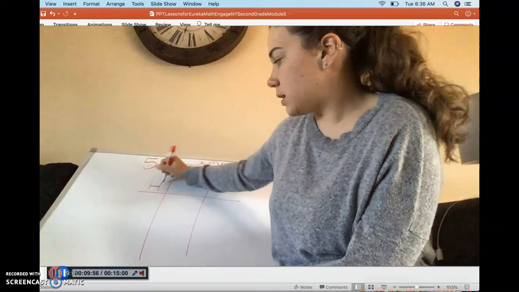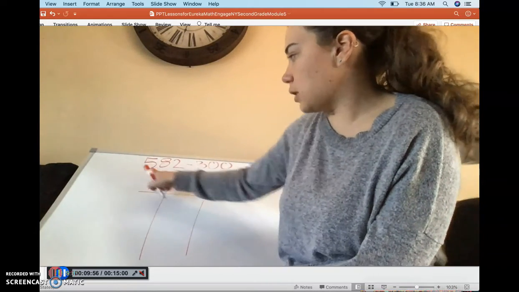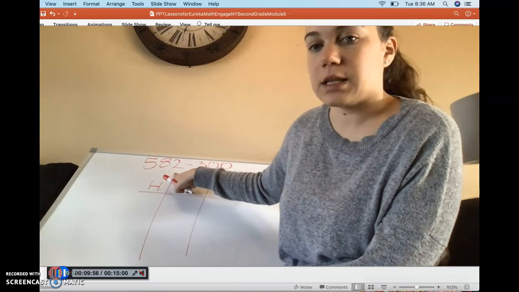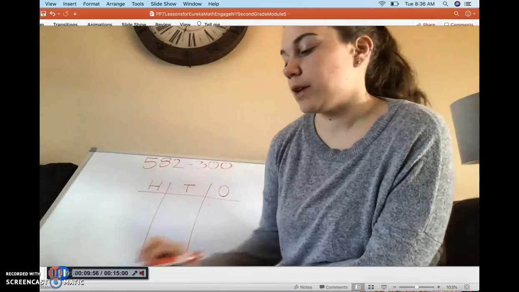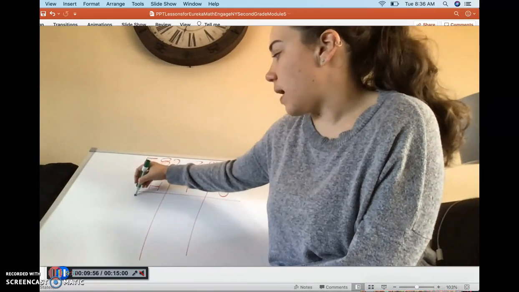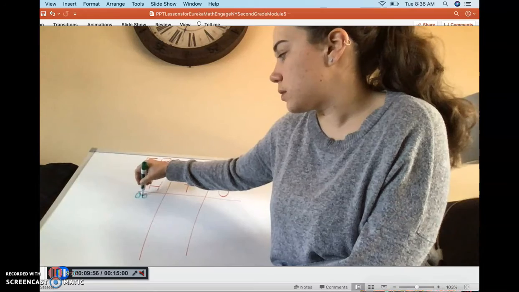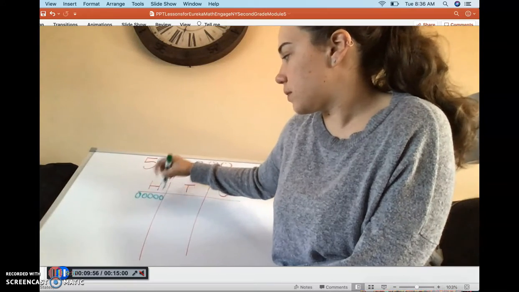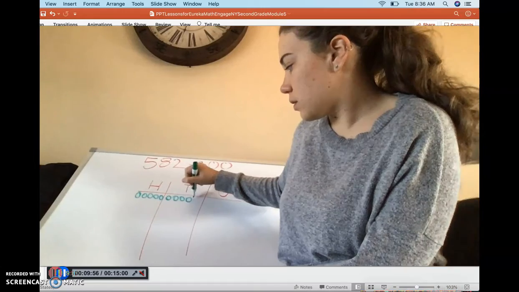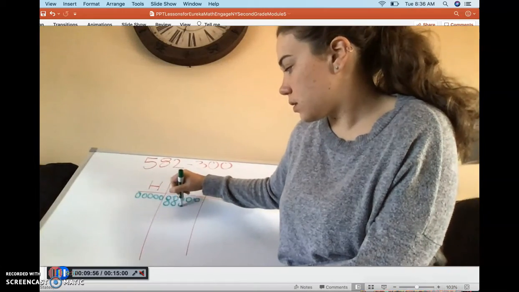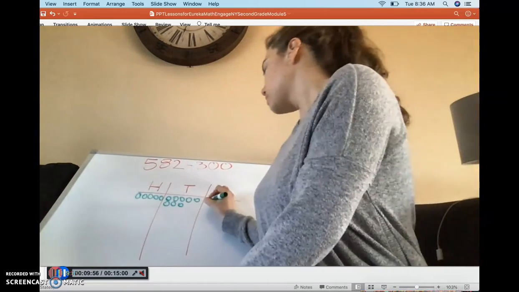So we have our hundreds, our tens, and our ones. Let's show 582 first because that's our bigger number. And when we're subtracting, we always show our bigger number first. So we have 5 hundreds, 8 tens, and 2 ones.